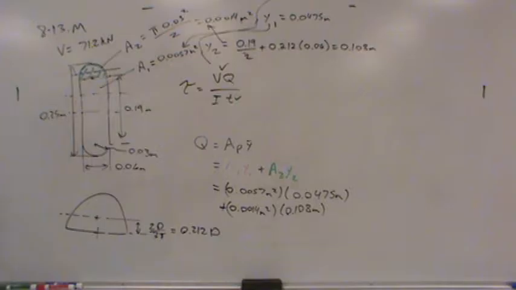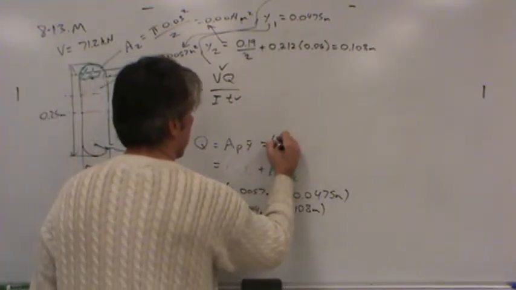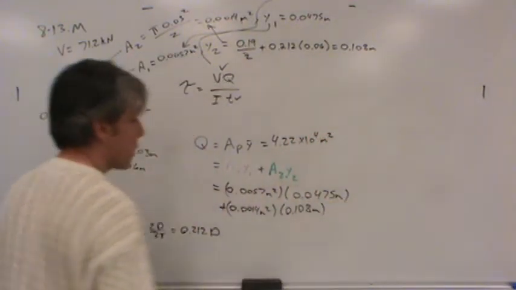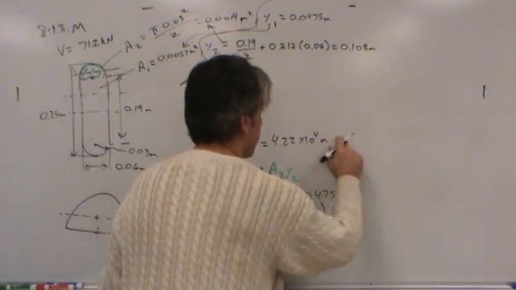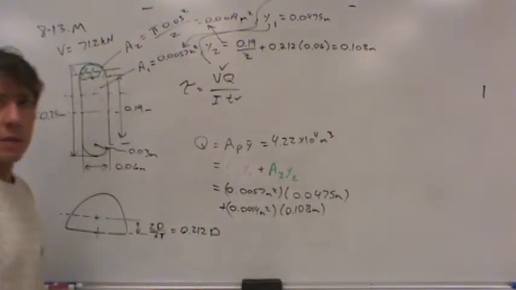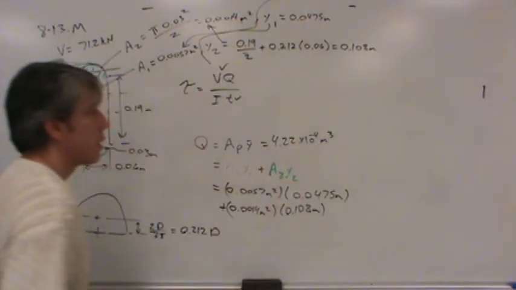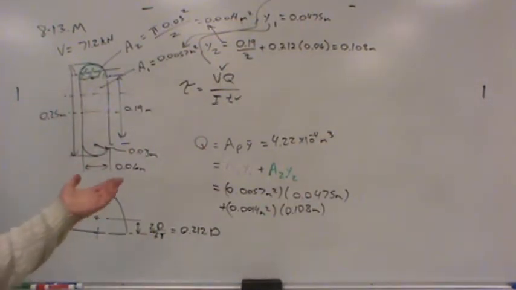Getting 4.22 times 10 to the negative 4. I got 4.22 times 10 to the negative 4. I only say it. Everyone's scared to say it. Oops, not meters squared, that's meters cubed. So it sounds like we have agreement on Q? So that takes care of Q.